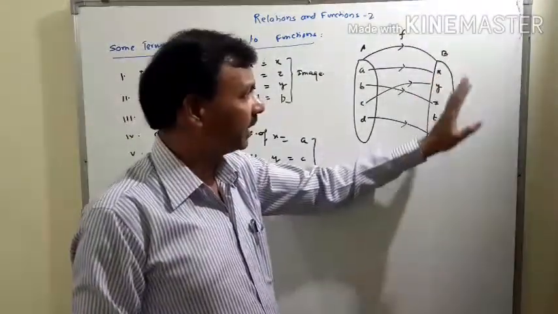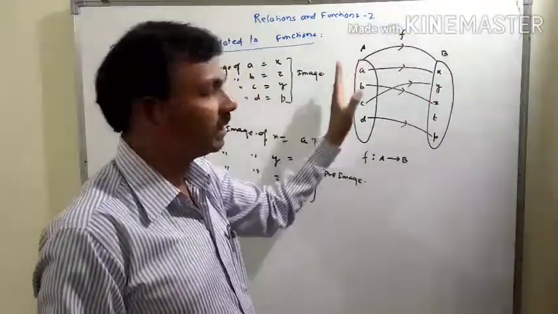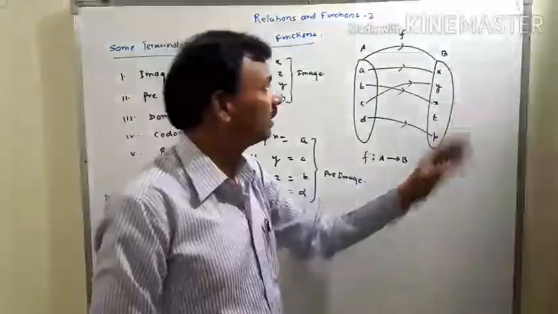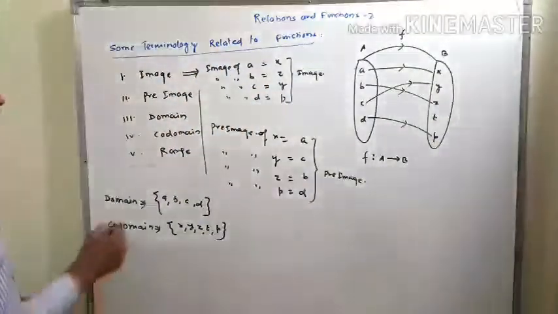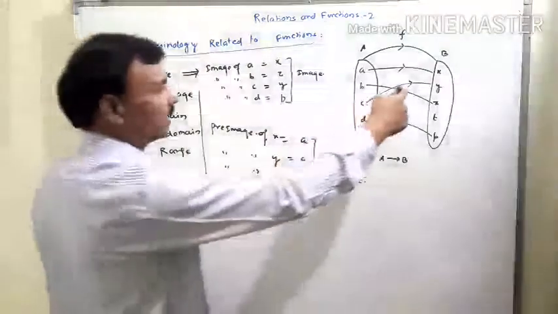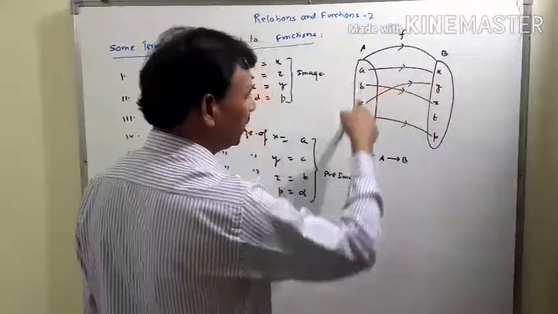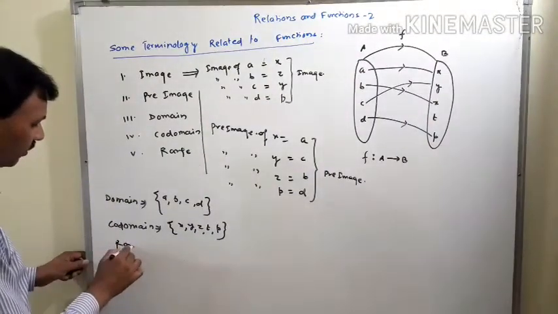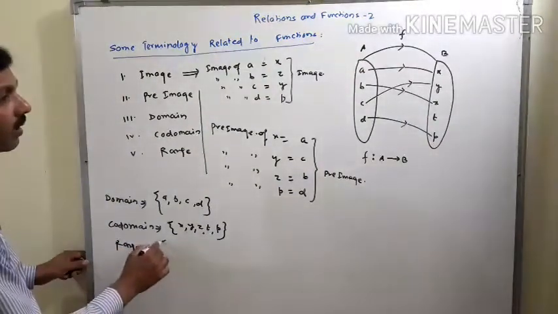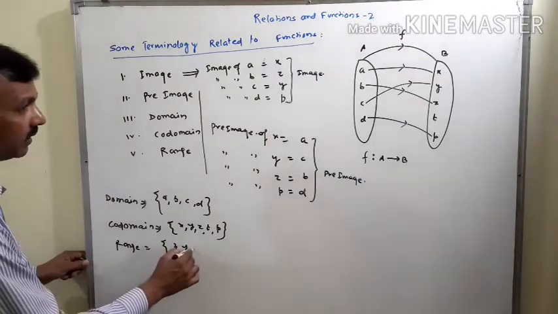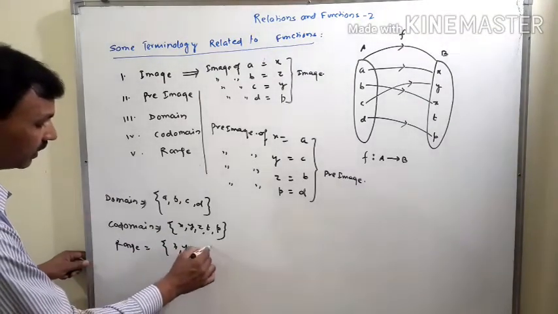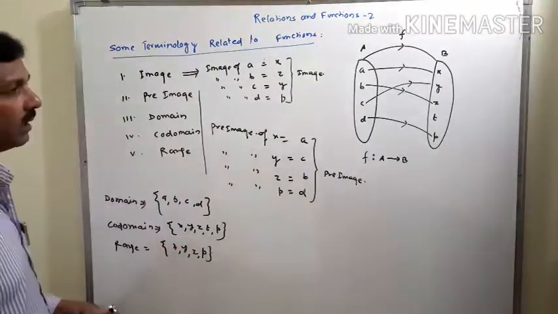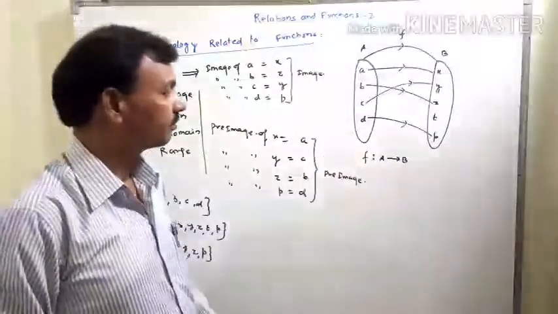And range: all elements of set B which have a pre-image in set A are known as range. That means range equals X, Y, Z and P. These elements will be the range of this function.